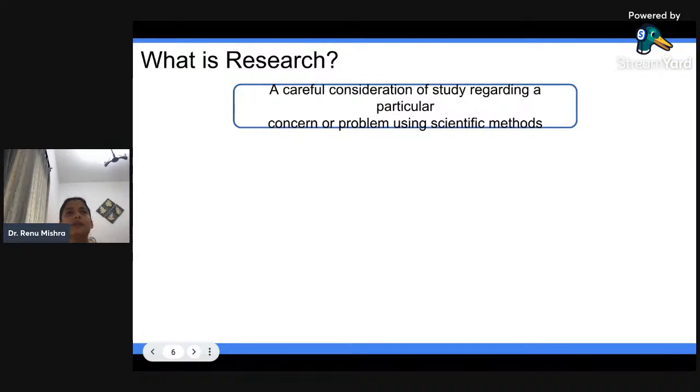If I say scientific methods, that sounds like a very difficult term, so you can say scientific method, but I would say, by a particular method. So when you are researching, when you are understanding a particular topic, with the help of particular scientific methods, or any particular suitable methods, that means you're doing research.